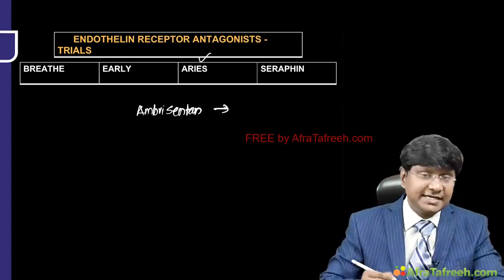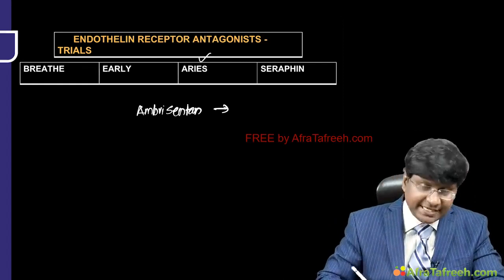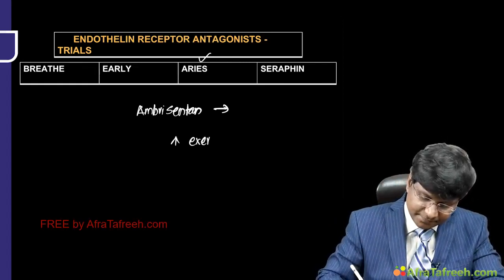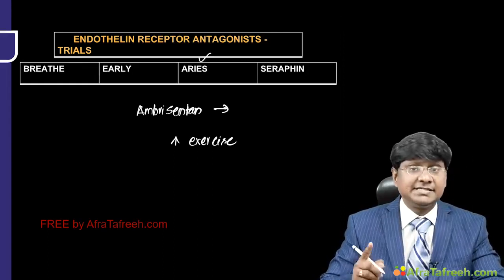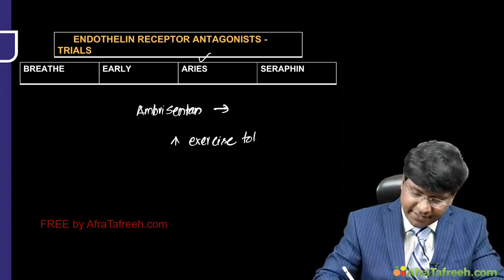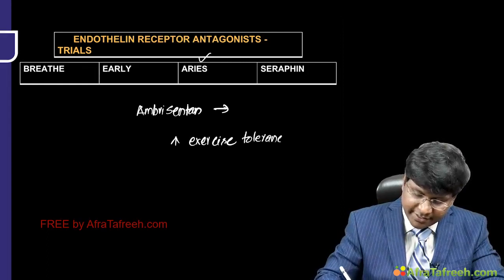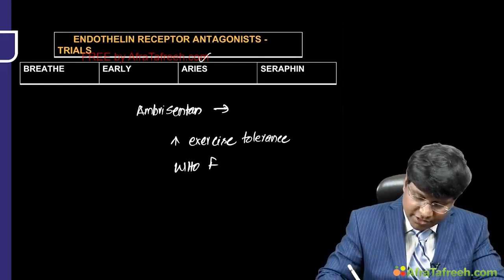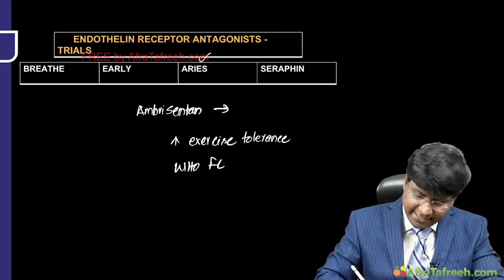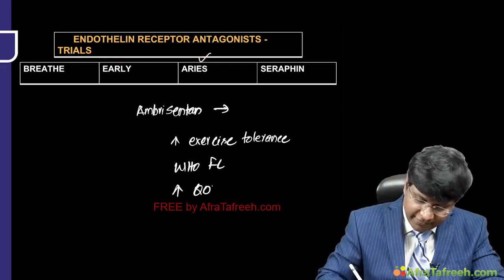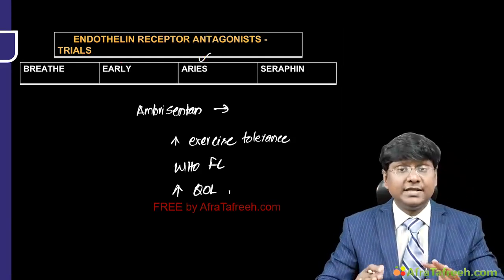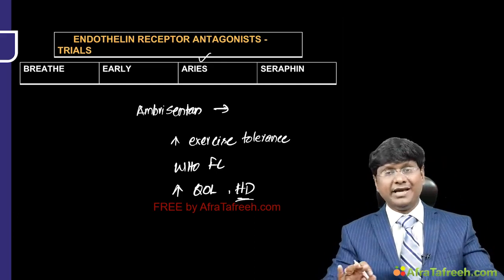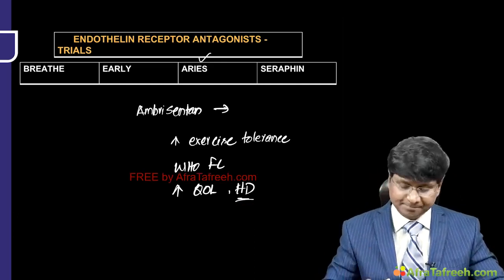What ambrisentan has shown is that it improved exercise tolerance, which means the fatigability and dyspnea have been reduced. It also improved the WHO functional class of dyspnea, improved the quality of life, and improved the hemodynamics in patients with pulmonary hypertension. That is about the ARIS trial, for ambrisentan.